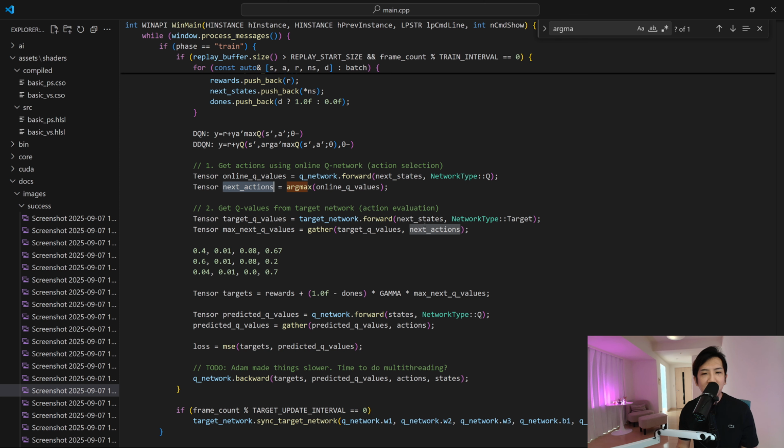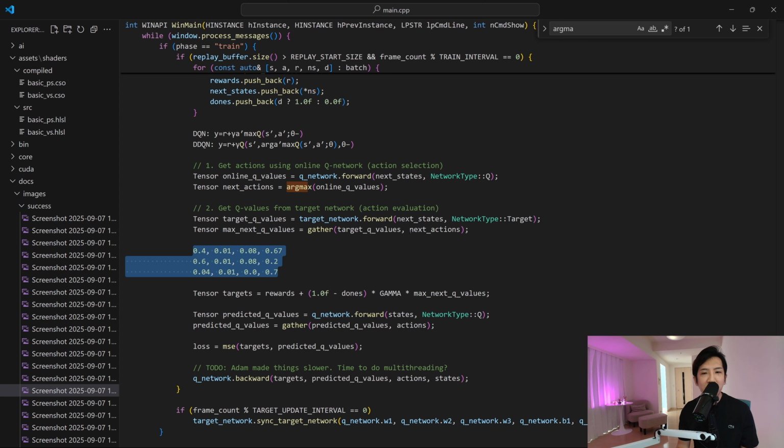So first I compute the target Q values using the target network, which would look like this. And within these Q values, I need to choose the maximum Q values, but using these next actions.